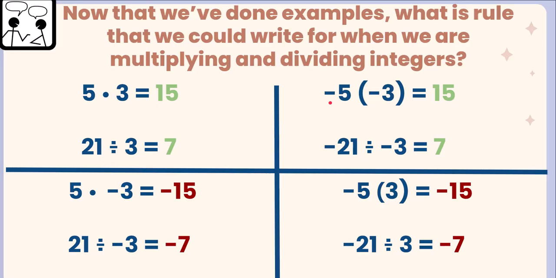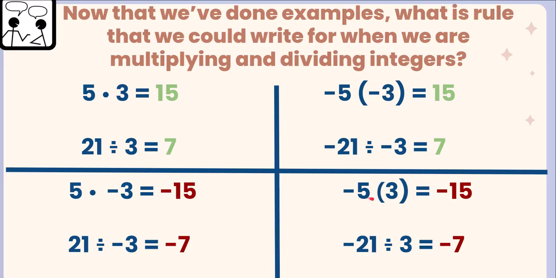But then the opposite of 5 times negative 3 is equal to 15, and the opposite of 21 divided by negative 3 equals 7. Those are positive. Here, 5 times negative 3 equals negative 15 because 5 groups of negatives would give you negative, and 21 shared by the opposite of 3 equals negative 7.